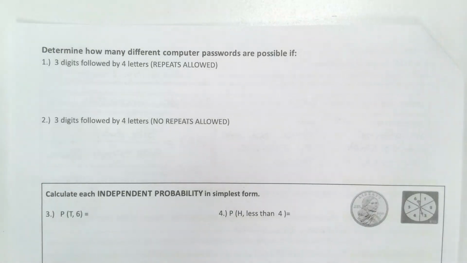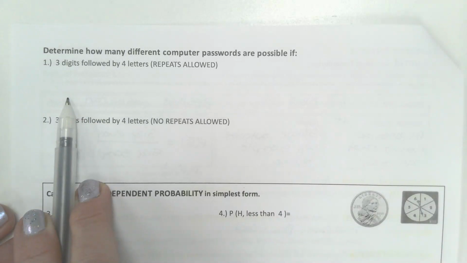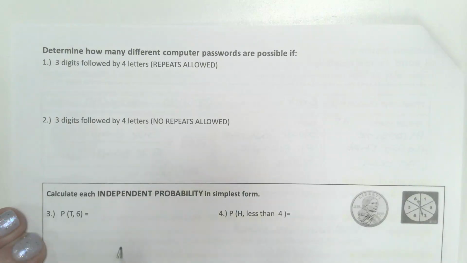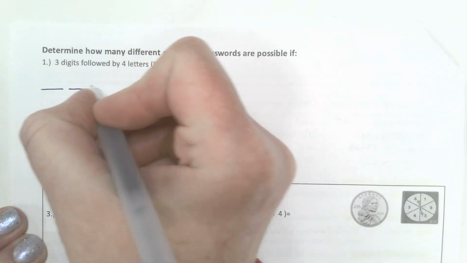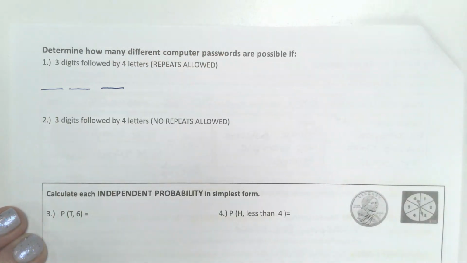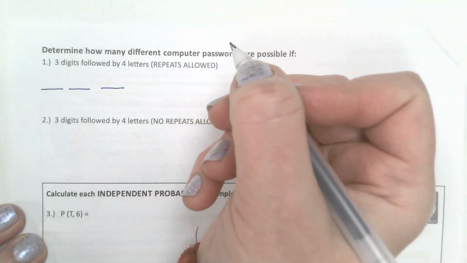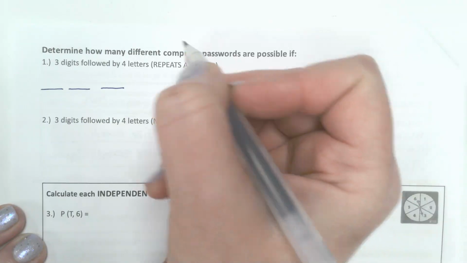All right, so I haven't done the probability yet, so this is like what we did the other day. I want to know how many different passwords there are. All right, so quite frankly, when it's something like this, I think drawing the little hashtags and kind of organizing myself is the best way to do it.